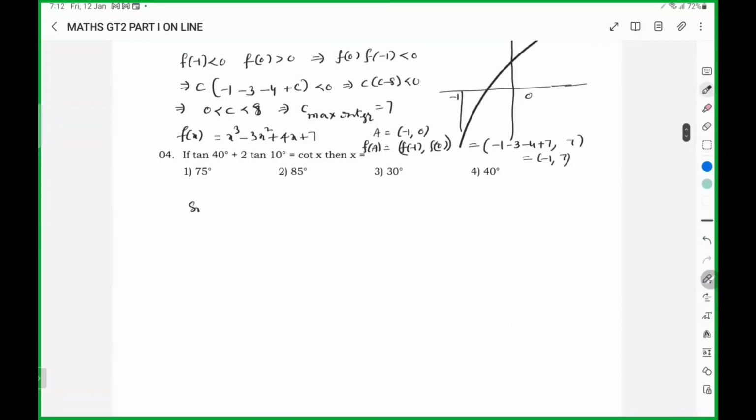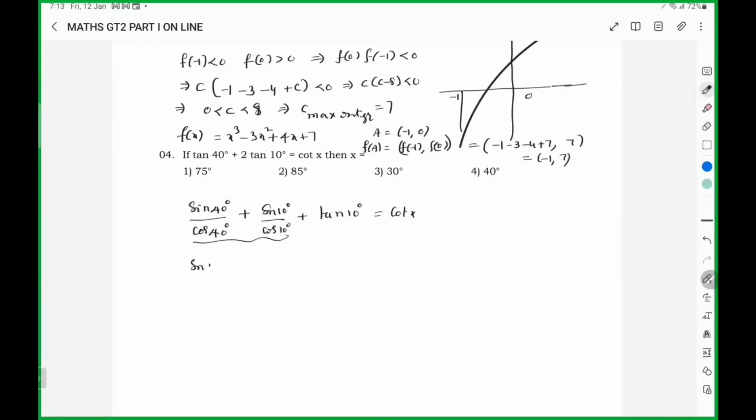Here it is sine 40 by 2 sine 10 by cos 10. I'll write it as sine 10 by cos 10, and the other, tan 10, I will write as this.